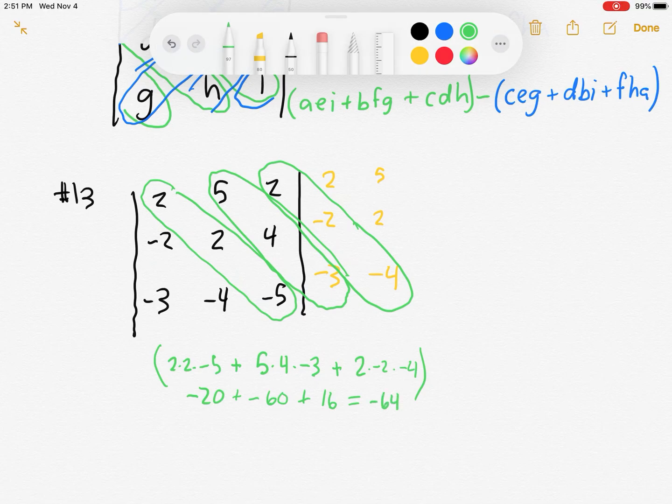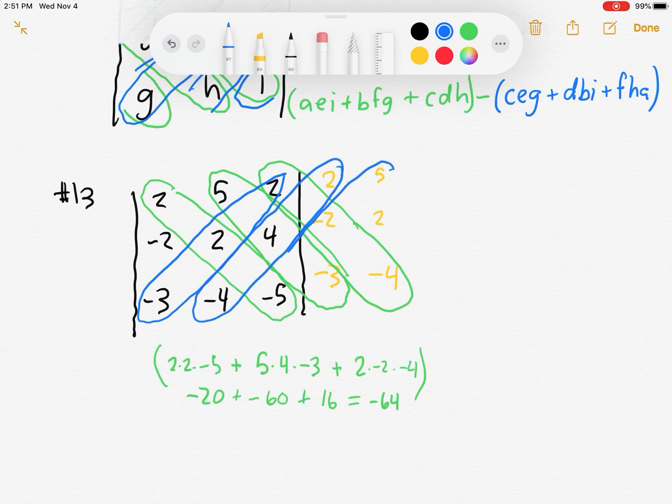All right, let's go ahead and try the diagonals the other way. There's our first one. There's our next one. And our third diagonal. So we have 2 times 2 times -3 plus 2 times 4 times -4 plus 5 times 2 times -5.